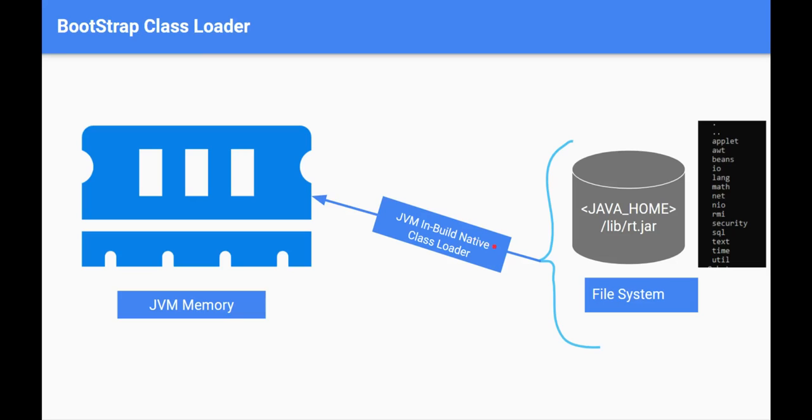We call it native code, which is used for loading the native methods and all the implementations exactly required for helping those classes. These things also happen inside the bootstrap class loader.